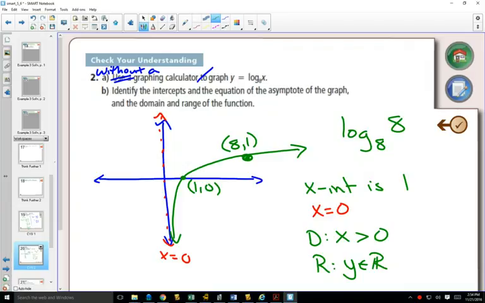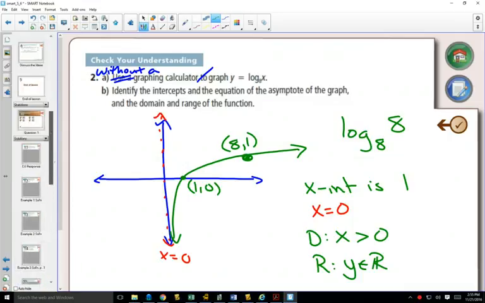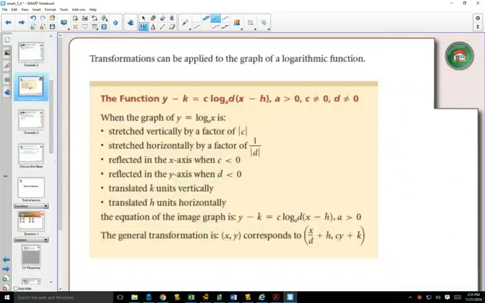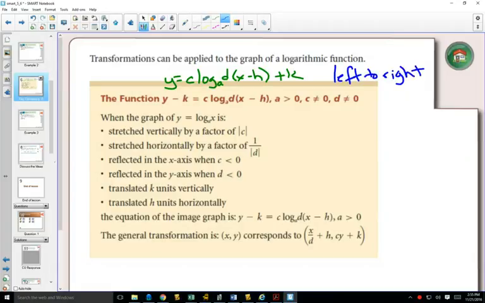First of all, on the next page, they list how to work with transformations with logs. They have a bunch of different letters here. Again, what we're going to look at is moving everything to the right hand of the equation, and just like we did in transformations, instead of memorizing all of this, we are just going to work from left to right.